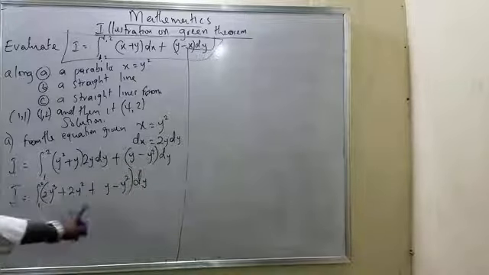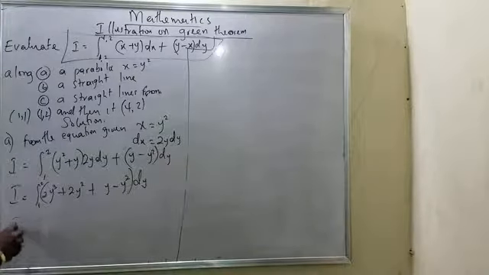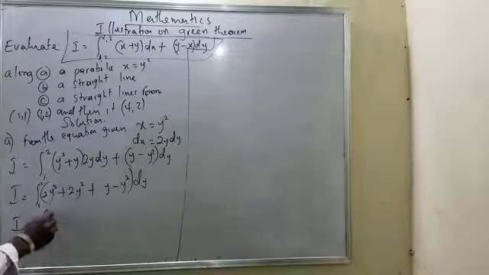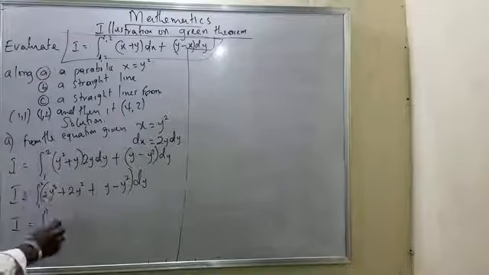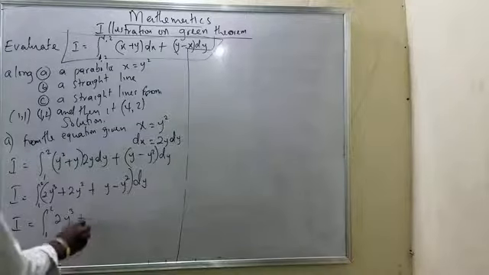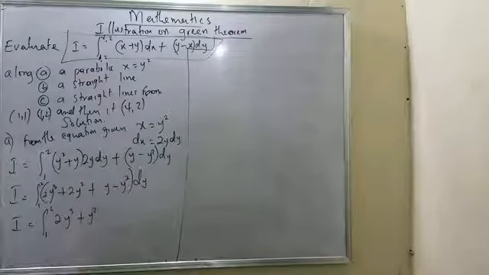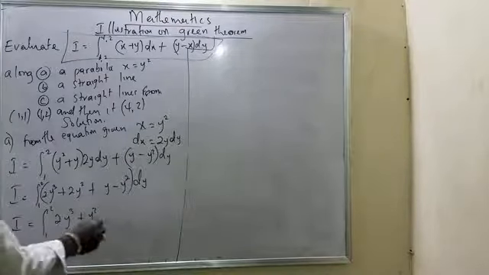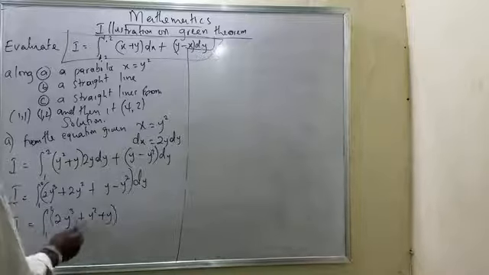Now, this and this are like terms. It means I can say that my I equals the integral from 1 to 2 of 2y cubed plus y squared, this and this is y squared, plus y with respect to y.